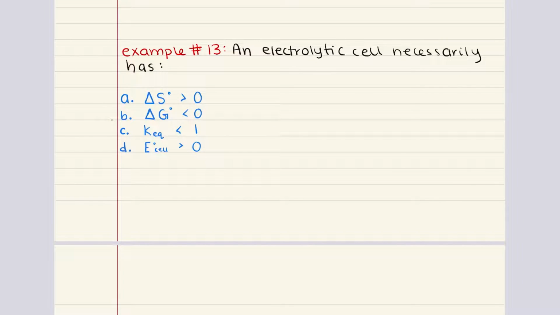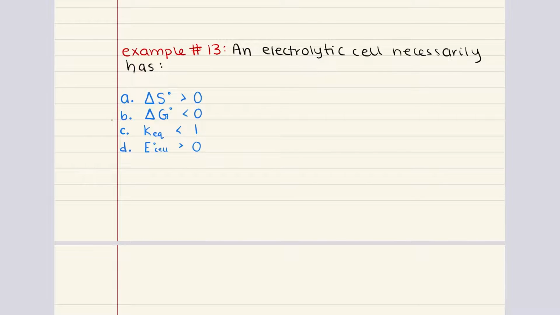Problem 13 says an electrolytic cell necessarily has blank. A says that the entropy is greater than 0. B says that the Gibbs free energy is less than 0. C says that the equilibrium constant is less than 1. And D says that the standard EMF of the cell is greater than 0.